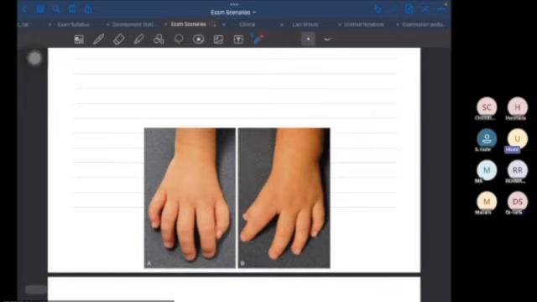Now I'm going to look at the neck, see for any webbed neck, look for any raised JVP, and feel for any carotid thrill. There is no visible pulsation, no raised JVP, and carotid pulsations are present, but no carotid thrill or bruit.